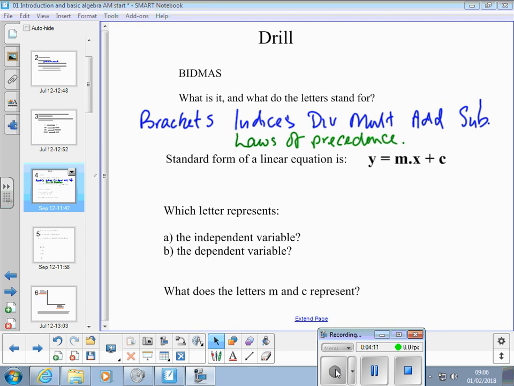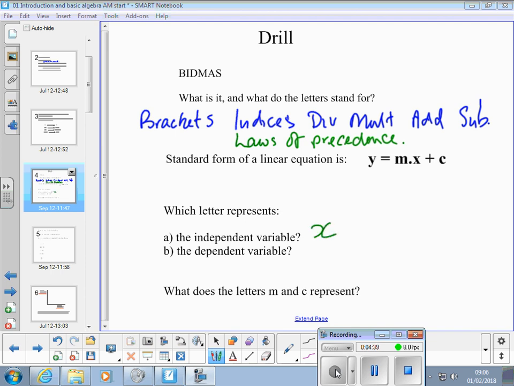So, standard linear equation. Which letter represents the independent variable? Yeah. And you're right. It's the one that isn't being controlled by something else. So it's, in this case, x.